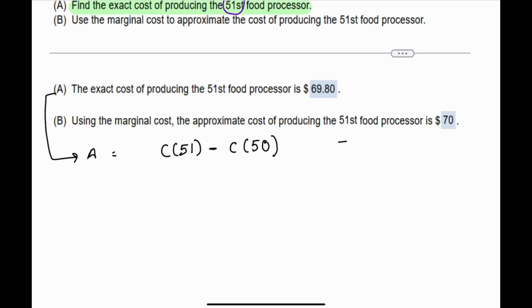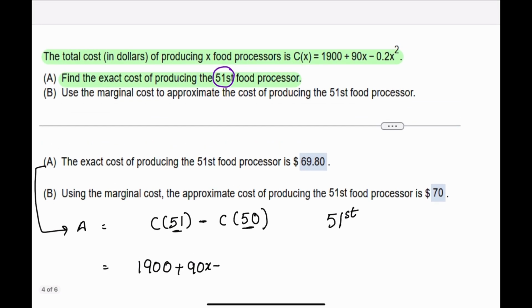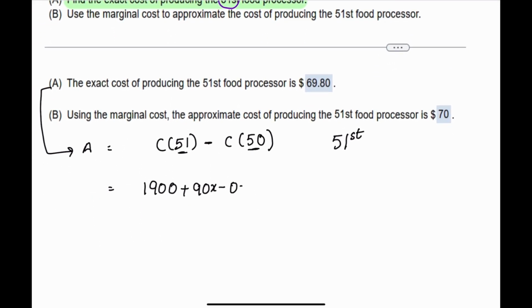That would give me the cost of the 51st food processor. So I will simply plug 51 and 50 into the function: 1900 plus 90x minus 0.2x squared.